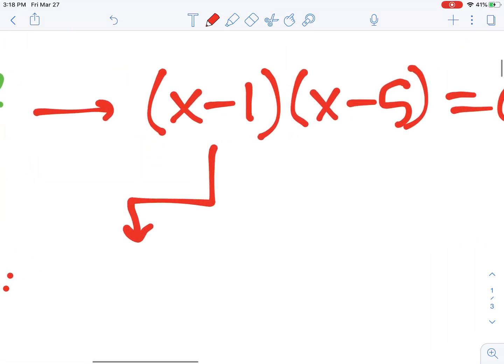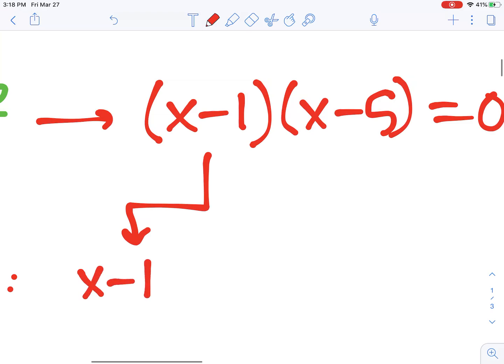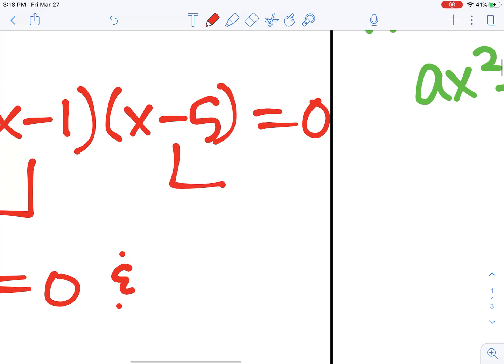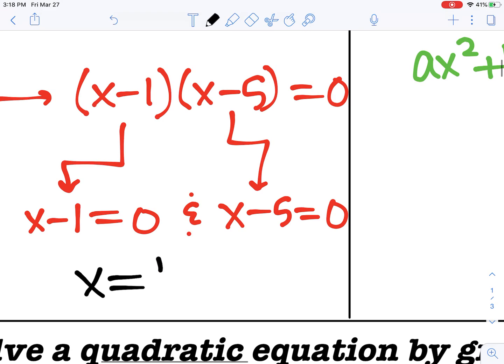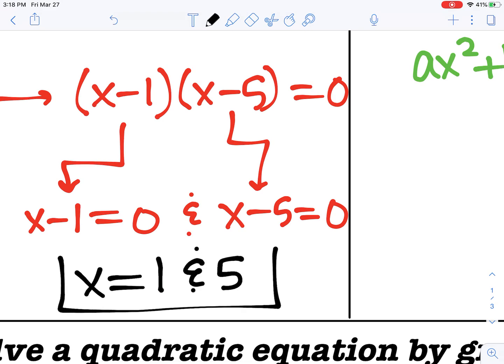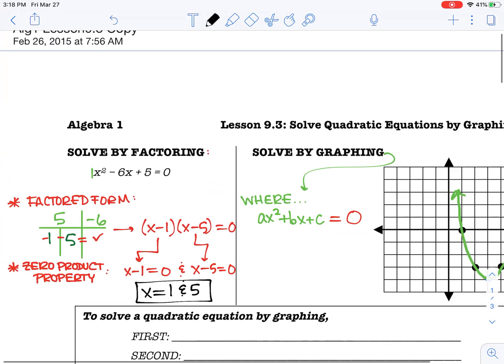So our zero product property asks, when will x minus 1 be 0? And when will x minus 5 be 0? And that answer is 1 and 5. So that's how this process has looked up to this point.